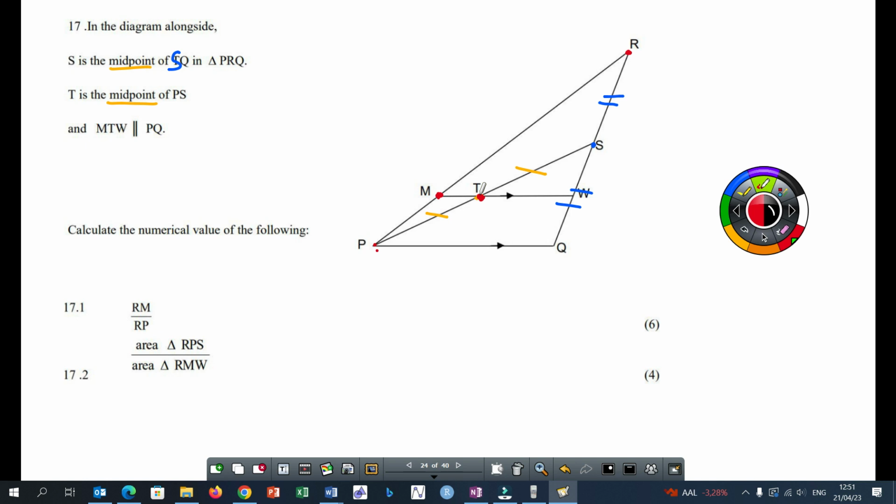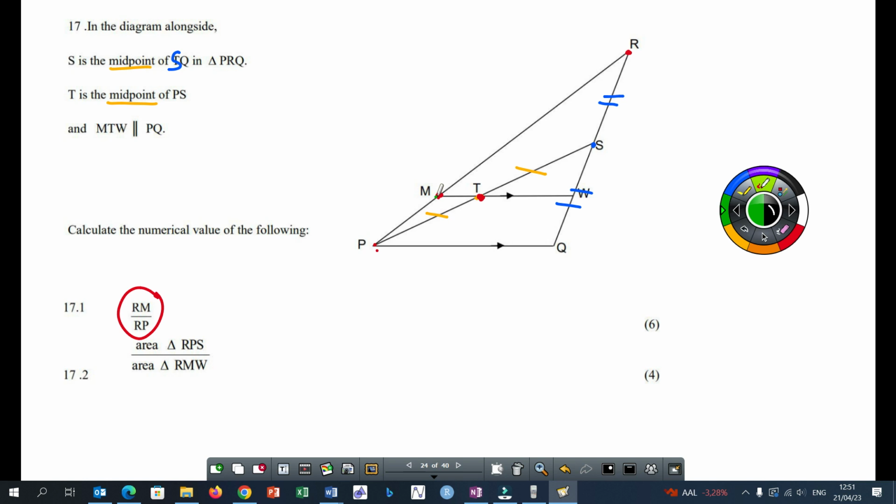Which means you might have to look at areas, if possible, to get that ratio. There is no numerical information. So the way I'm going to do the question is to determine first the ratios of PM and PR using the information that's given.